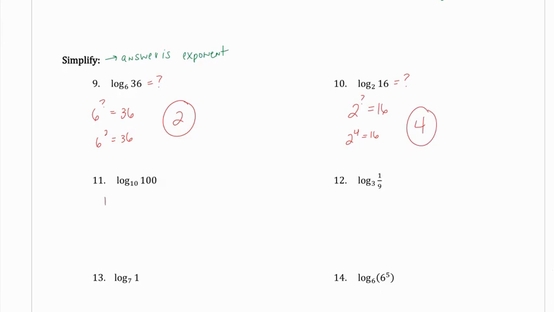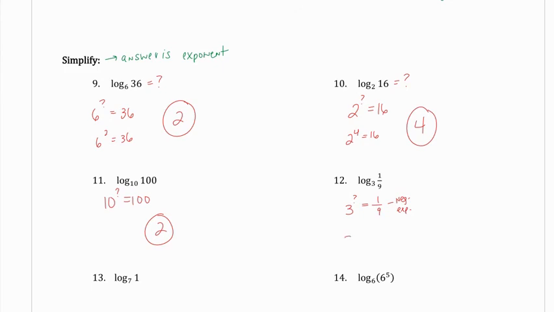This would be 10 to what power equals 100? Oops, not 1,000. There you go. So that'd be squared. So our answer is 2. This one, we've got a fraction, so 3 to what power equals 1/9. Remember, in order to get a fraction, that means it's going to have to be a negative exponent, right? And then to get the 9, we'd have to square it.